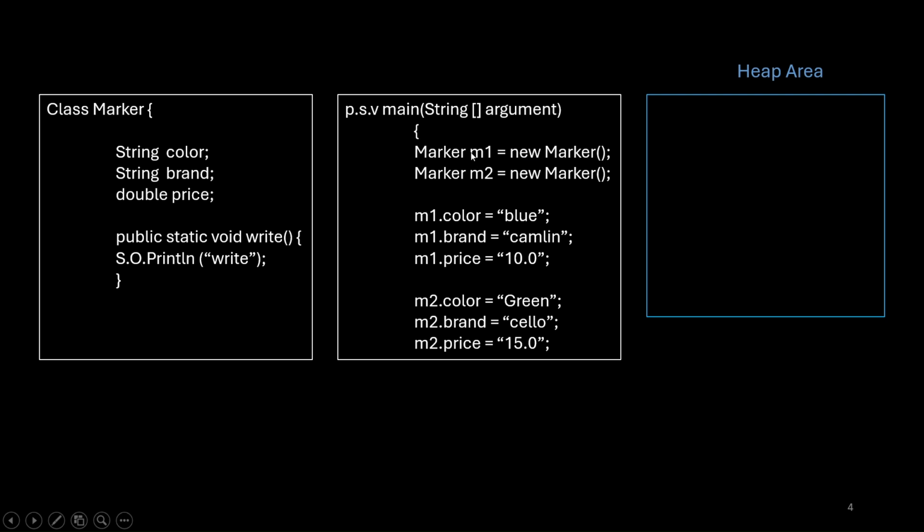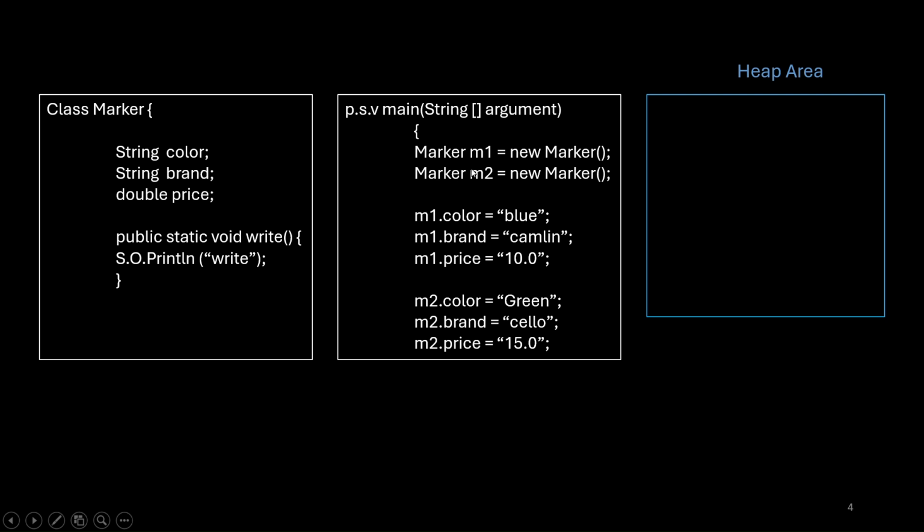As you can see previously, the first one is the class name, and this is our object name m1, equal to new, which is a keyword used to create the object. And this Marker with parenthesis is the constructor.